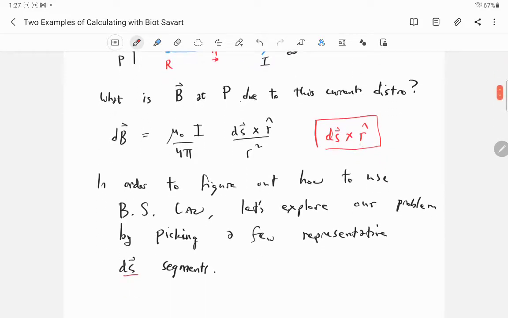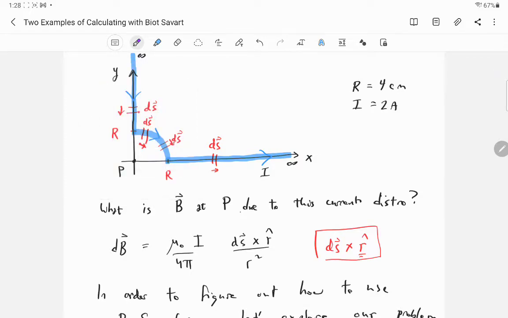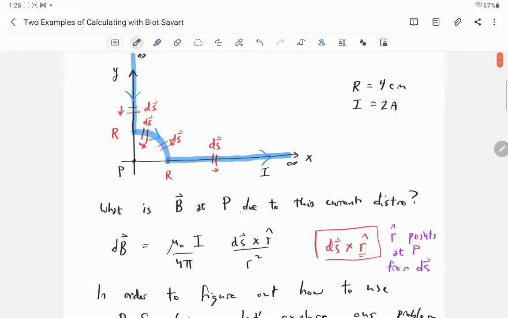But what about r hat? So let's make r hat in, say, purple. So r hat, remember, points at P from ds. So here is our first ds, and P is down here at the origin. So r hat points down. That's how you get from this segment to the origin.